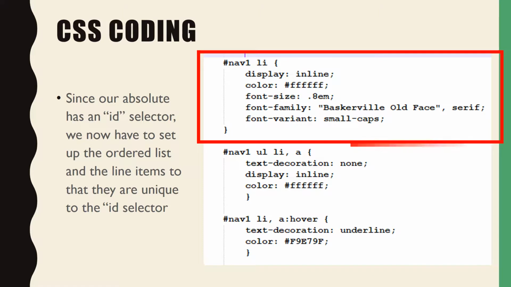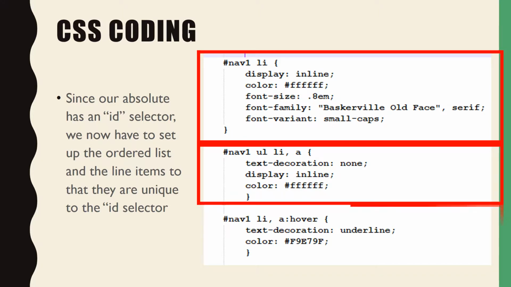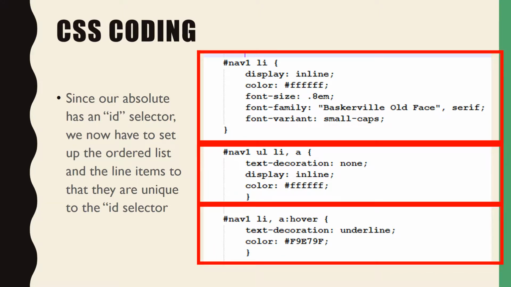CSS coding for our absolute selector. We now have to set up the ordered list and the line items so they are unique to the absolute ID selector. So first, you're going to set up the number nav1 LI, and you're going to include the display, the color, font size, font family, and font variant. The second code you'll set up is the number nav1 UL LI, comma A, which focuses on the anchor tag for that specific nav bar.